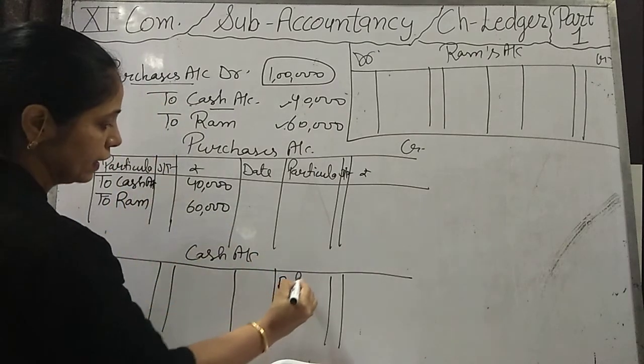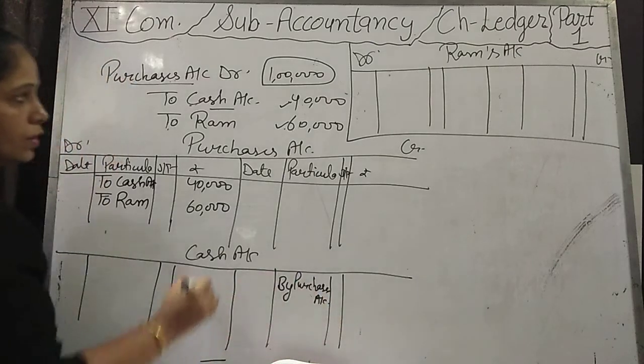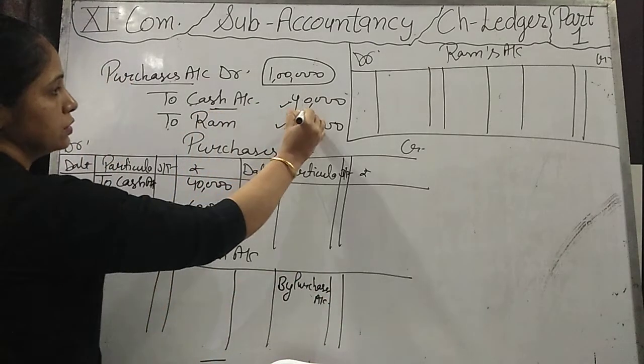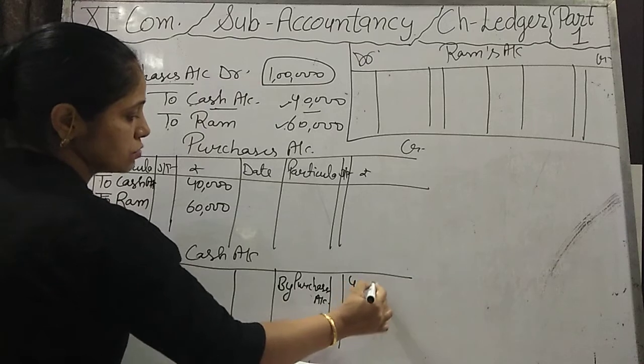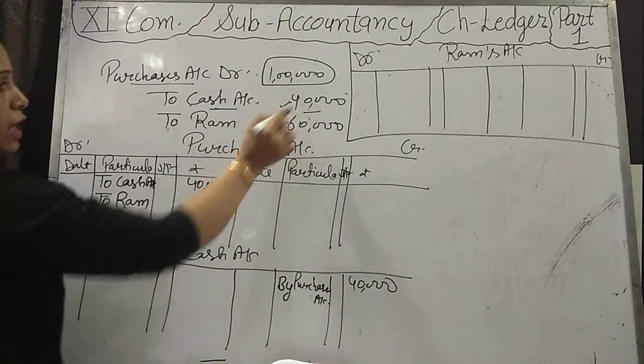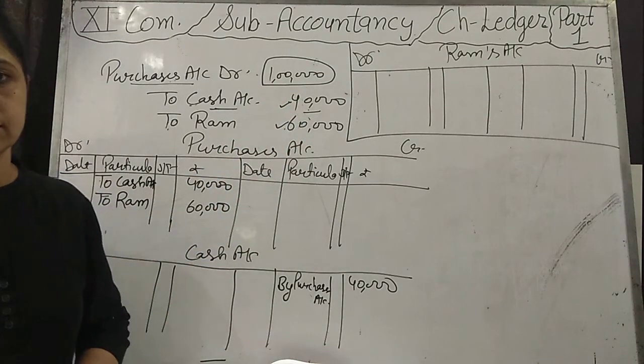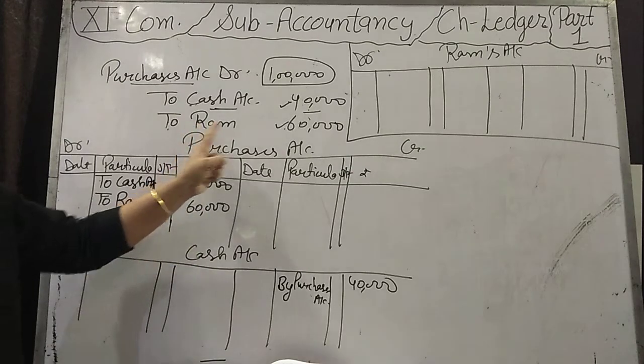Okay, by purchases account. How much cash account? 40,000. Purchases account और cash account के बीच में how much amount relation is there? 40,000.